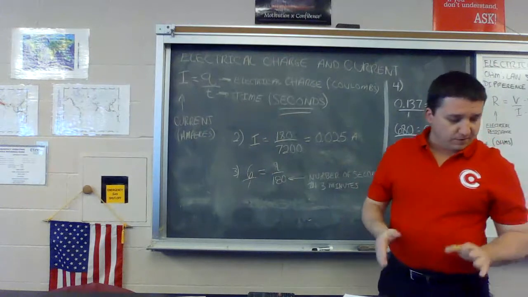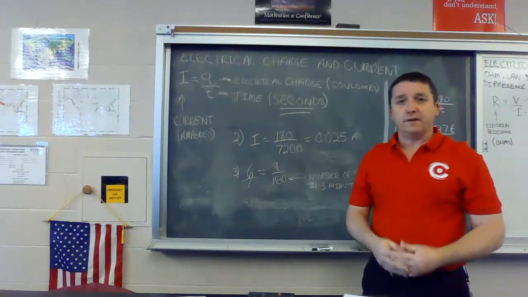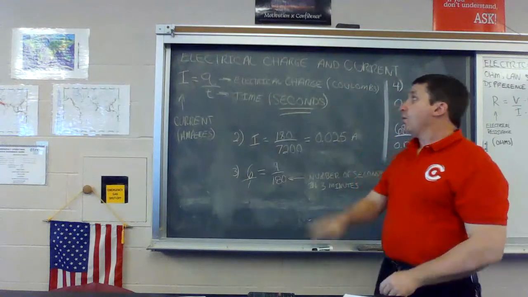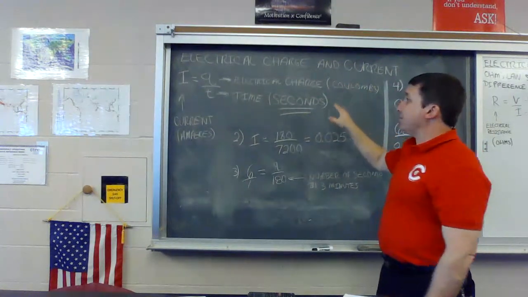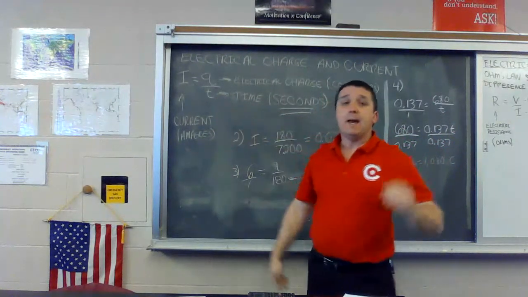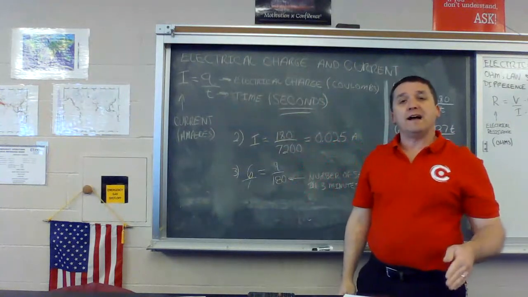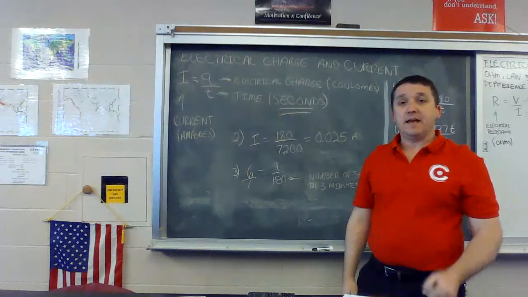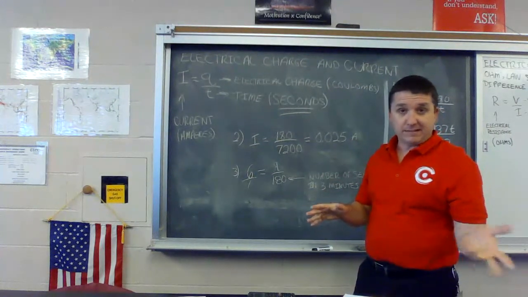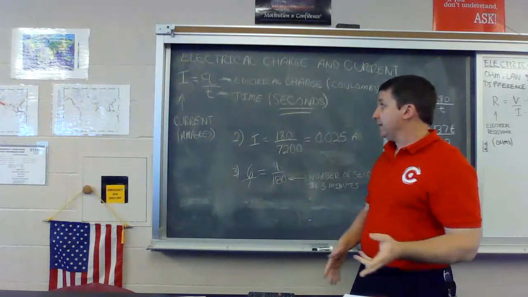So the moral of the story here with this relatively short video is to make sure that when we're talking about electrical charge and current problems involving this formula here, I equals Q over T, make sure that your time is in seconds. It might be provided to you in seconds like it was for number 1, where you took 9,000 divided by 120.